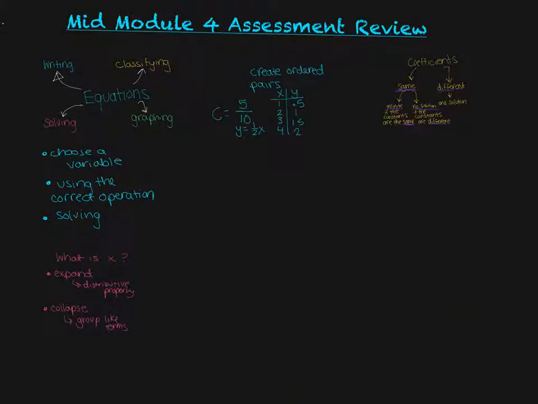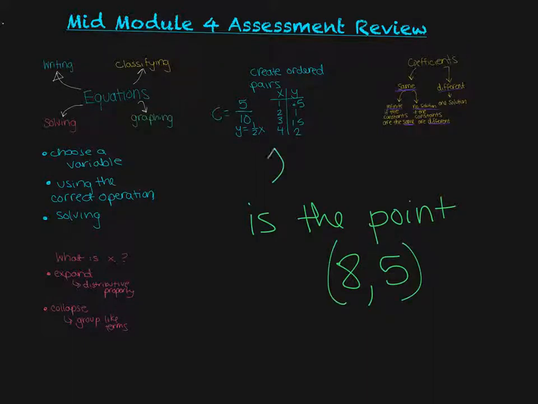All right, one final thing is the point (8, 5) on this graph from my created ordered pairs. So does that fit the rule? Is 5, is my y, half of x?